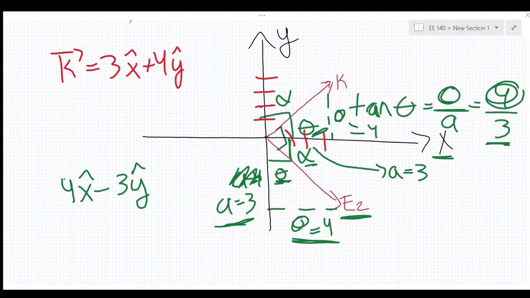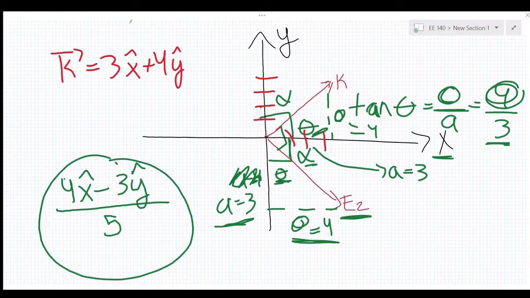And then we have to divide by the magnitude of k, which in our case is 5, because this is not a unit vector. And that's how we get 4x hat minus 3y hat over 5 as the direction of E2. This is true for linear and circular polarization, but it may not be true for elliptical polarization because the phase between E1 and E2 may not be 90 degrees.